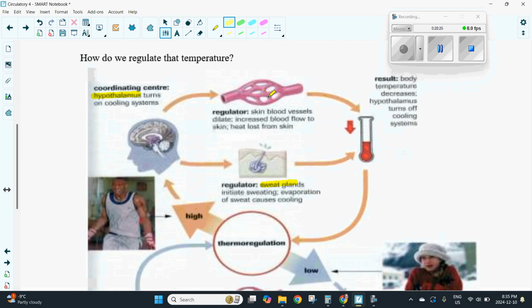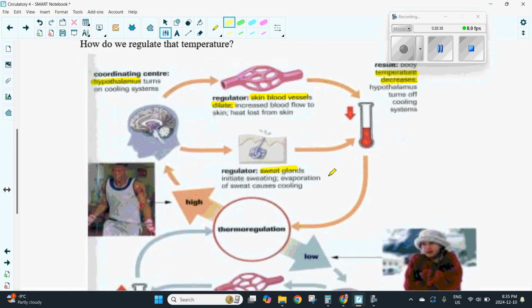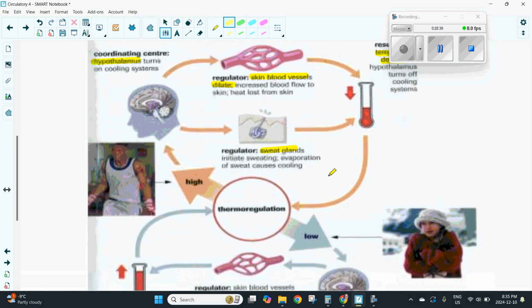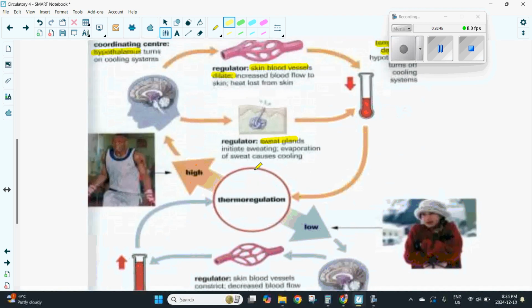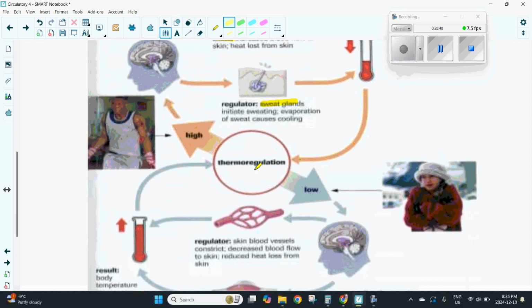Okay, so these two things, I'll put dilate skin blood vessels. What this is going to do is decrease our body temperature. Okay, so then we're cooling. Once our body temperature has lowered, then basically we're turning off this pathway, and the pathway will no longer be active. So your hypothalamus will be like, okay, I'm a-okay.